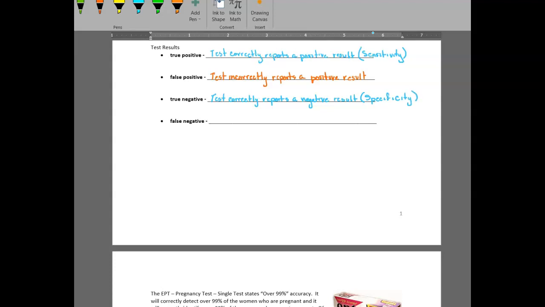So test sensitivity is when we get true positives, and test specificity is when the test correctly gives a negative result. And then a false negative is when the test incorrectly reports a negative result.